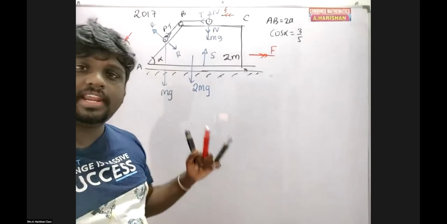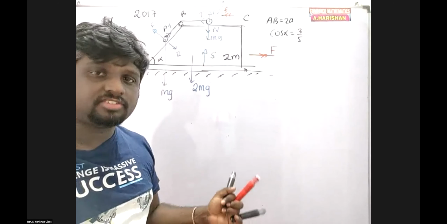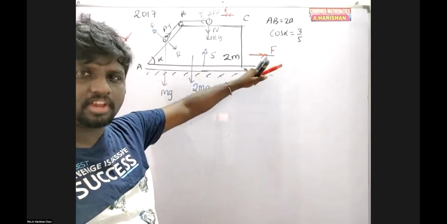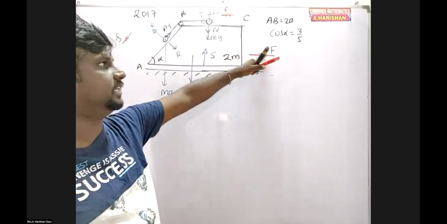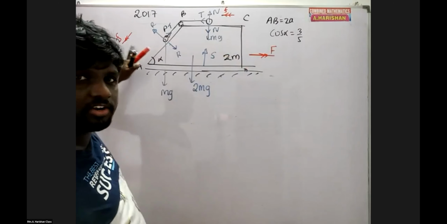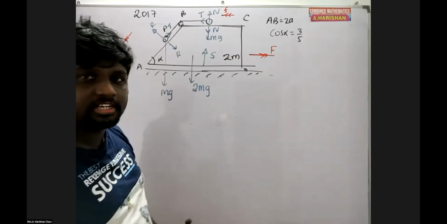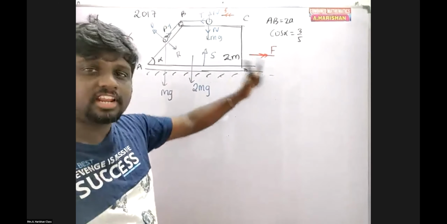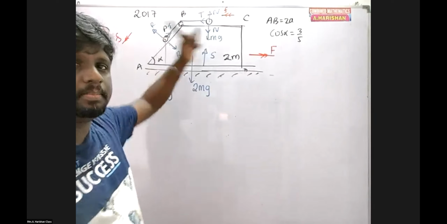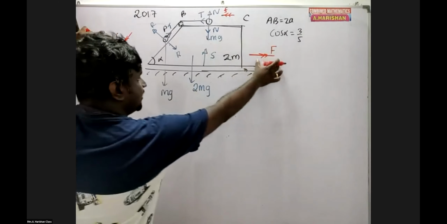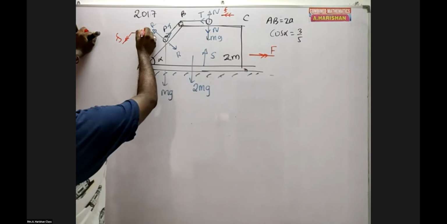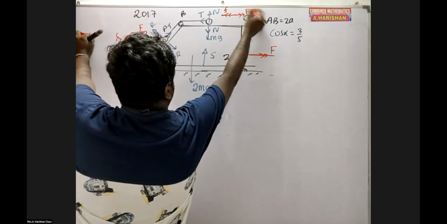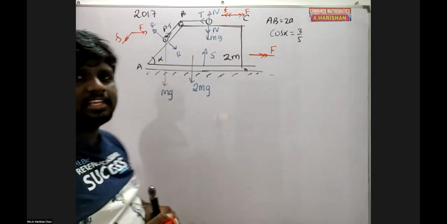So we have to find each and every particle's acceleration in the frame of Earth. Here, this capital F is relative to Earth, but this small f is not relative to Earth. So what we have to do is, the wedge's acceleration also will be there on the particle. So we have to put this acceleration here and here, in the same direction. Okay, is it clear?